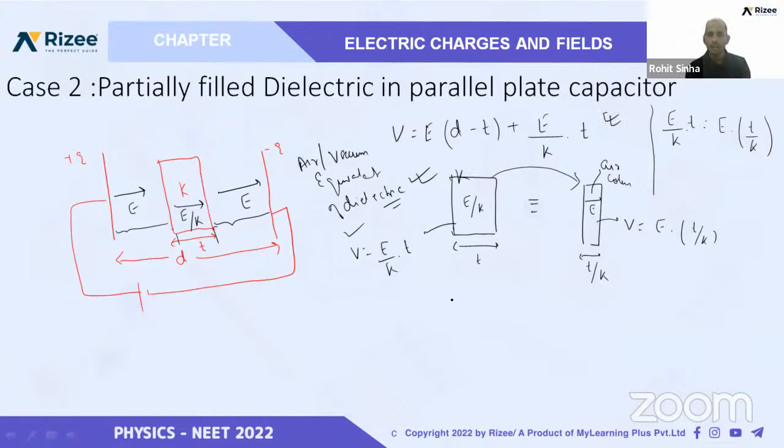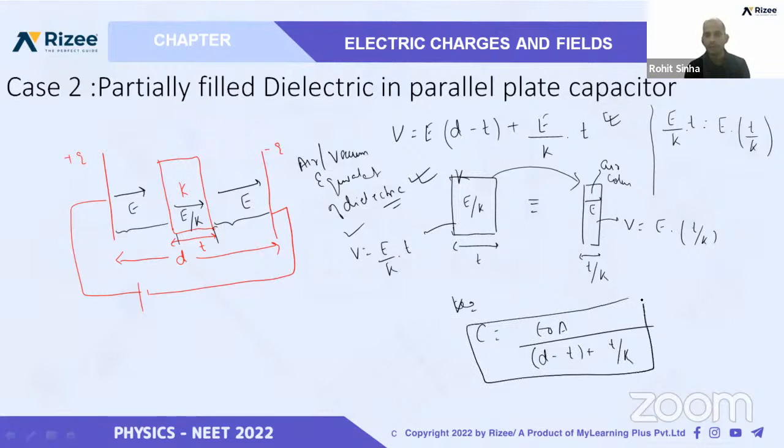Similarly, we will put all those values of E here. What we get is C is equal to epsilon naught A by D minus T plus T by K. This is the formula when we have a partially filled dielectric.